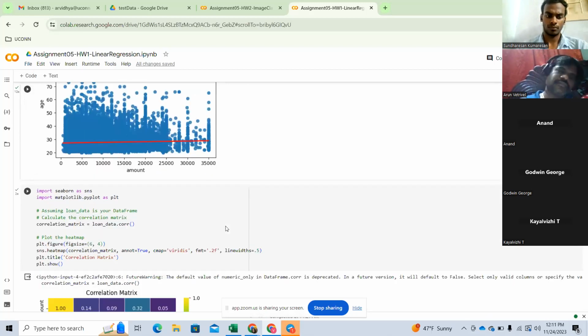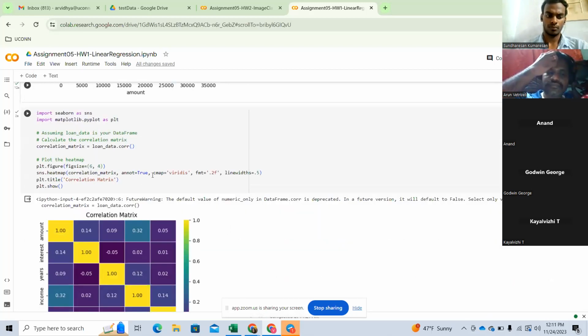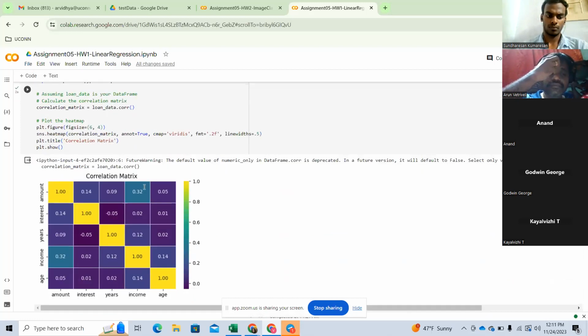Next we plotted a correlation matrix to see the correlation between the variables, and it seems like only income has the highest correlation with amount, a positive correlation of 0.32.